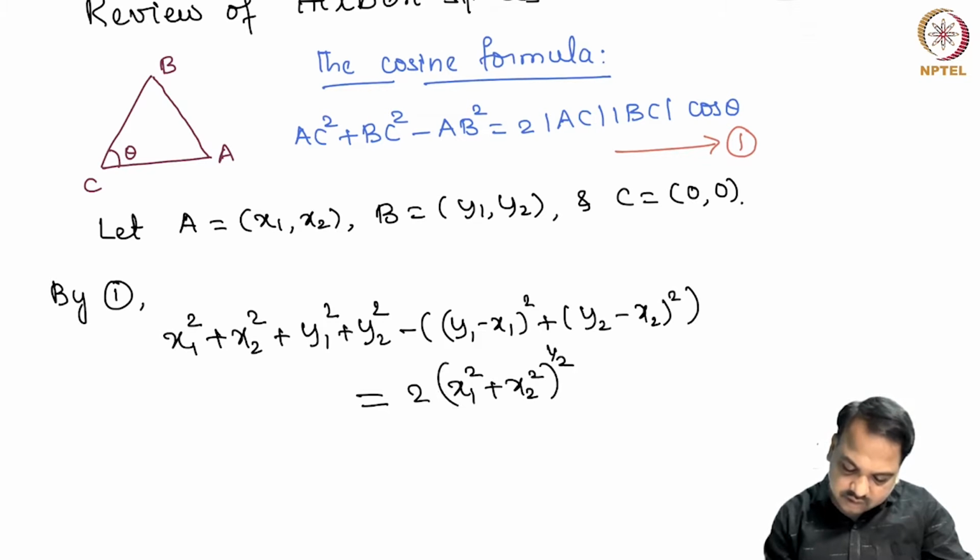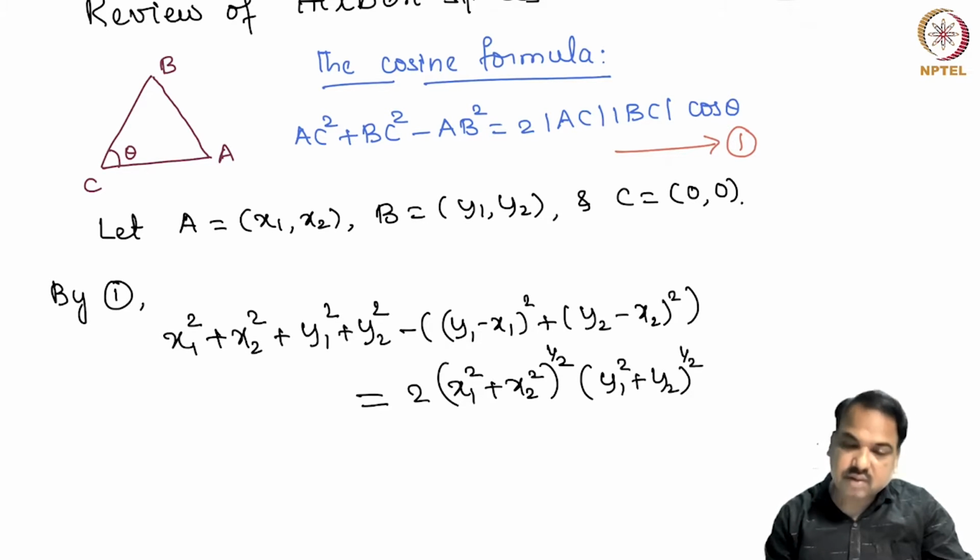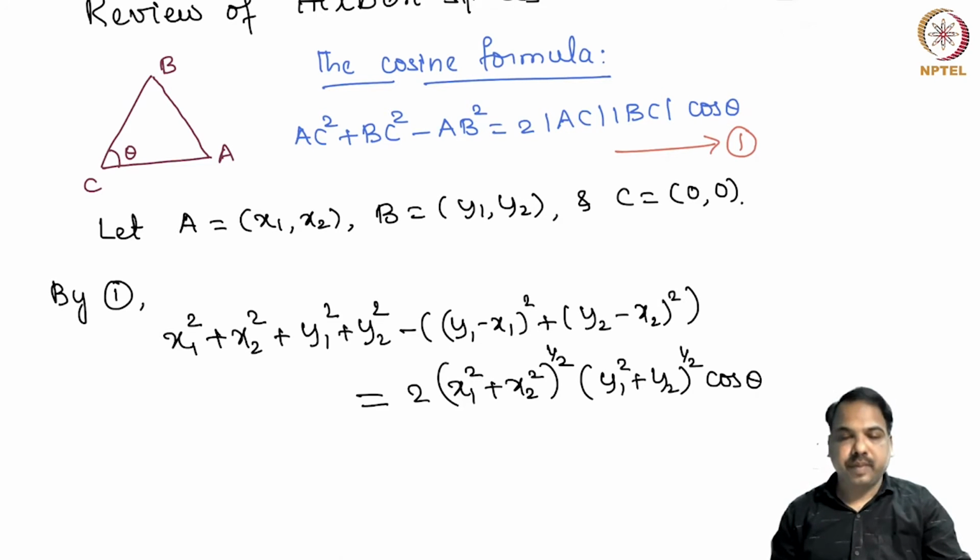Similarly, the length of BC is the square root of y1 square plus y2 square, multiplied by cosine theta.